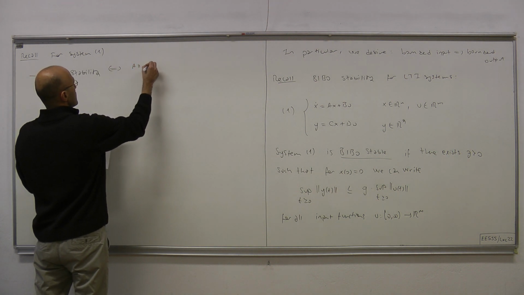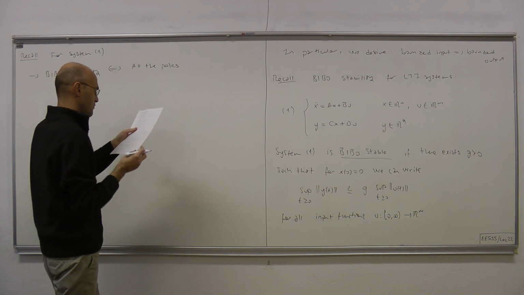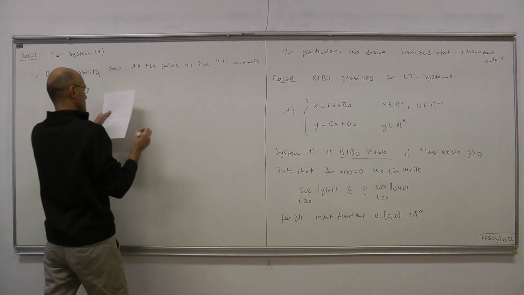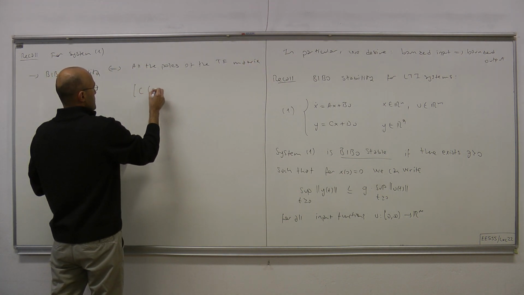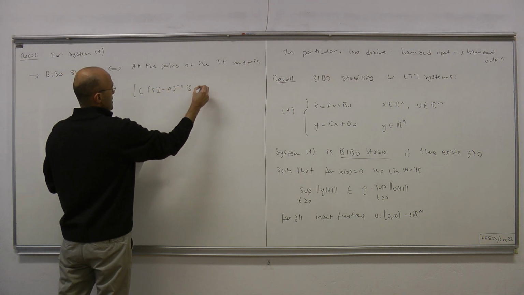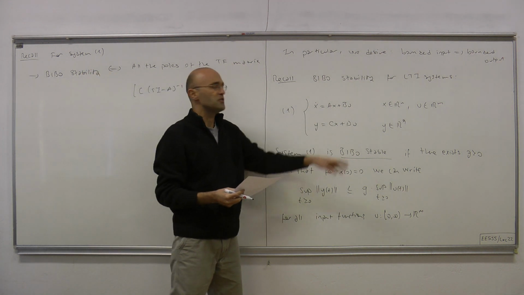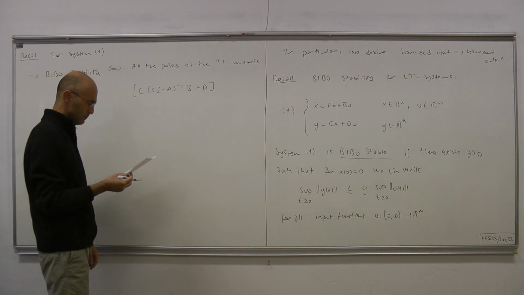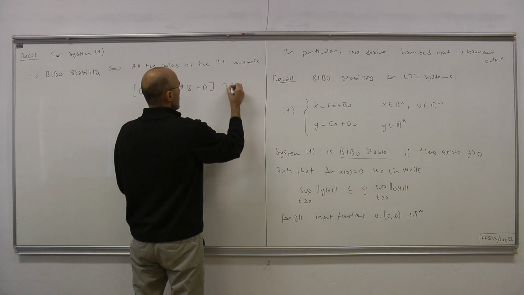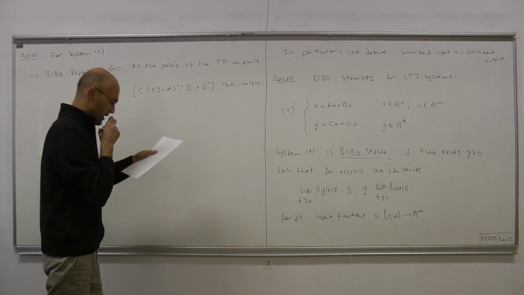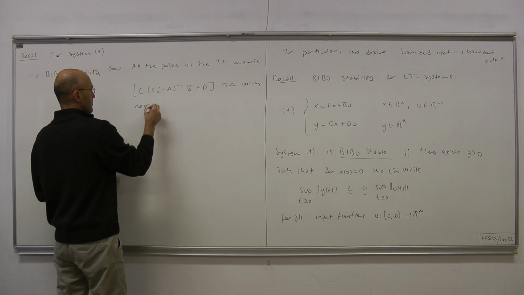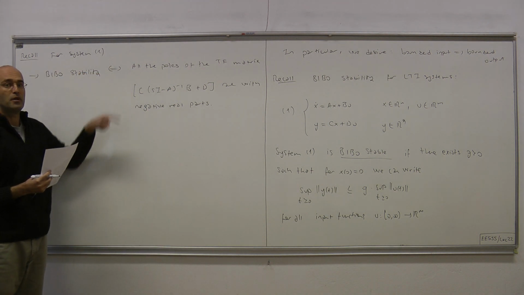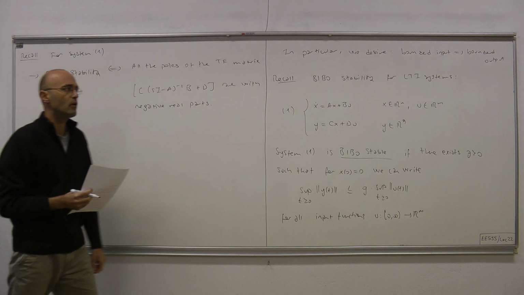All poles of the transfer function matrix, which is C times sI minus A inverse times B plus D. Okay, all these matrices, A, B, C, D, they are constant matrices, and this is a function of s, complex variable, are with negative real parts.